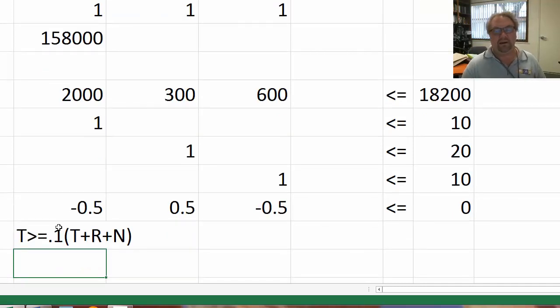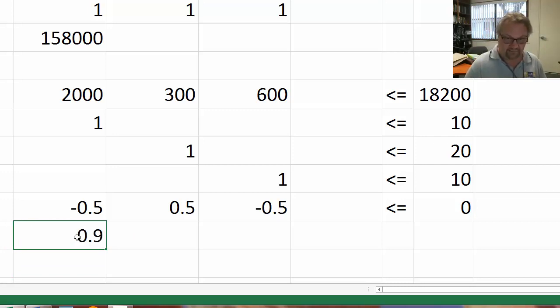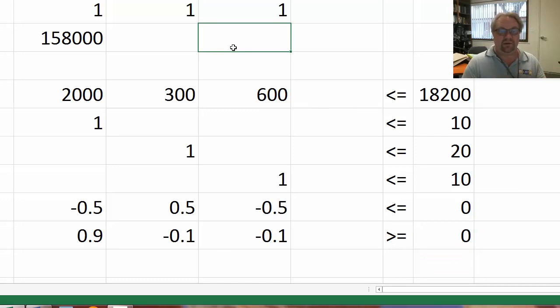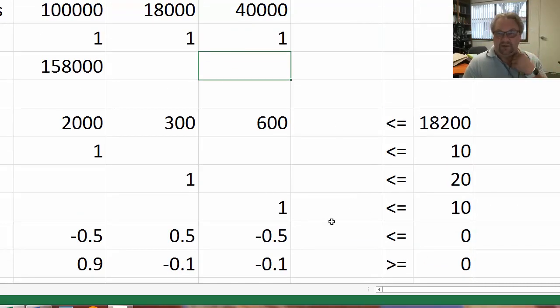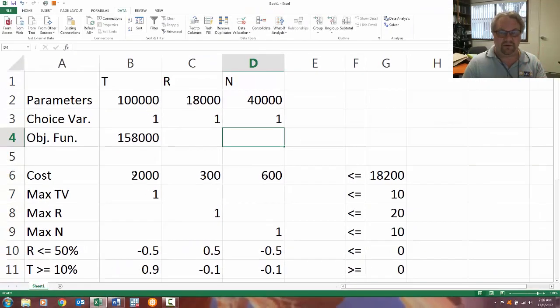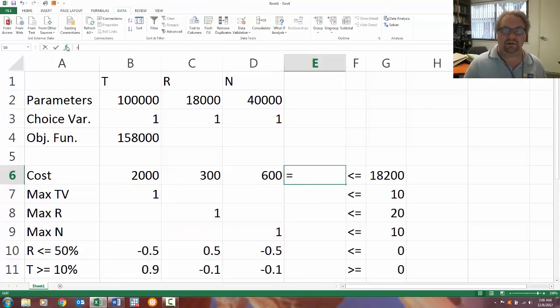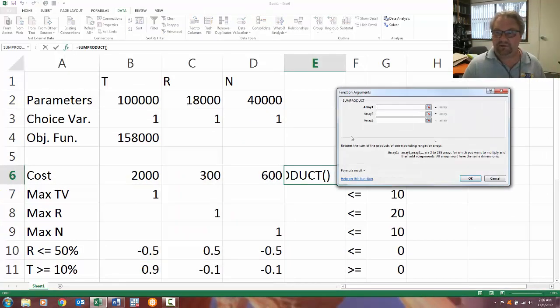Moving everything over, I get 0.9 for television, negative 0.1 for radio, and negative 0.1 for newspaper, and that has to be greater than or equal to 0. Essentially, the problem is set up. I've got my parameters, objective function, and all of my constraints. So let's put these in and solve.